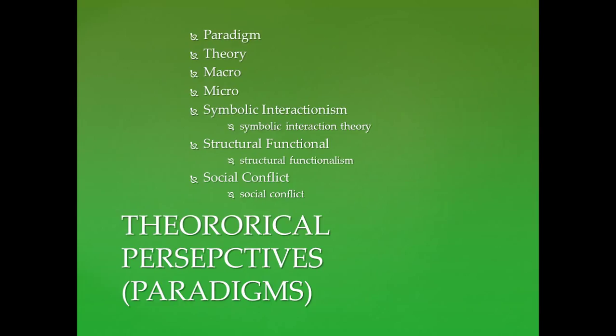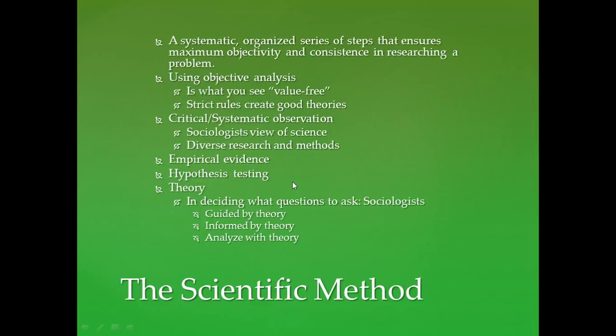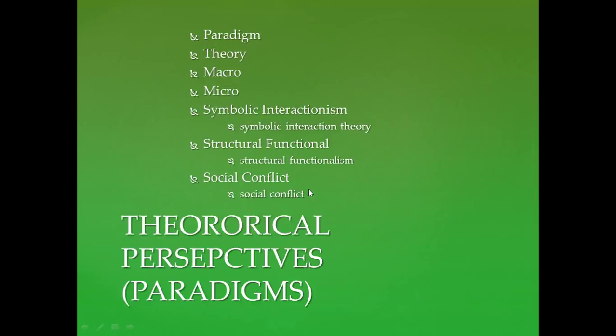reacts. So when we talk about something like social conflict theory, of which Marx is most notably connected, that's a macro level perspective. And really, when we talk about social conflict, we're talking about conflict between two opposing groups.